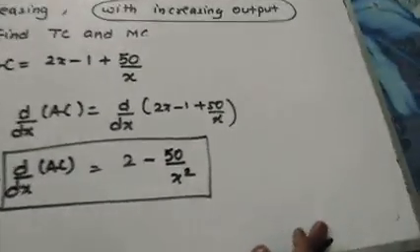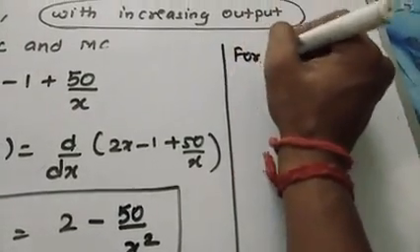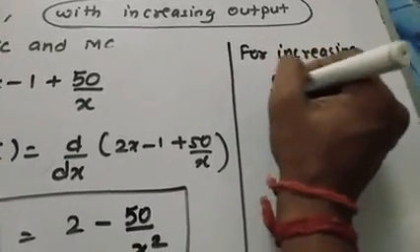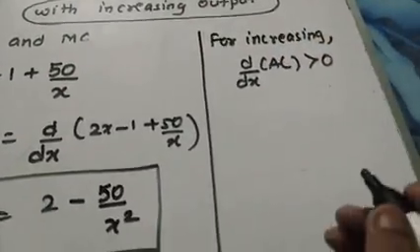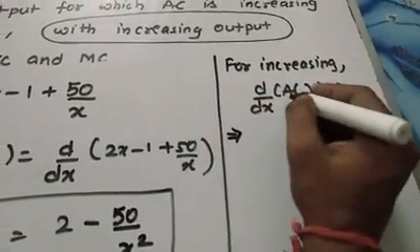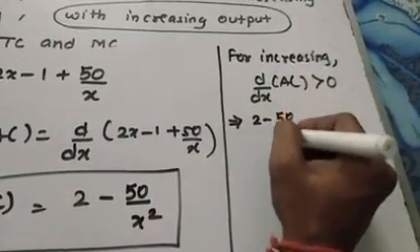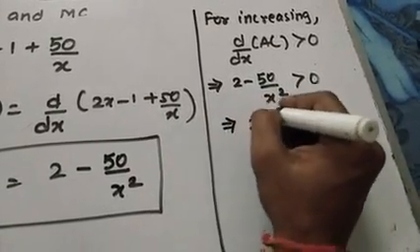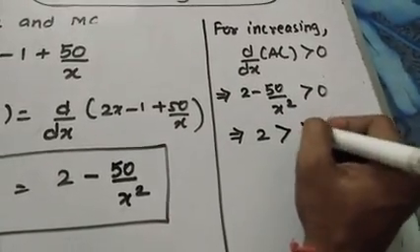Now first of all, for increasing, d/dx of average cost will be greater than 0. That means 2 minus 50 by x square is greater than 0. Let us take the minus part to the other side: 2 is greater than 50 by x square.